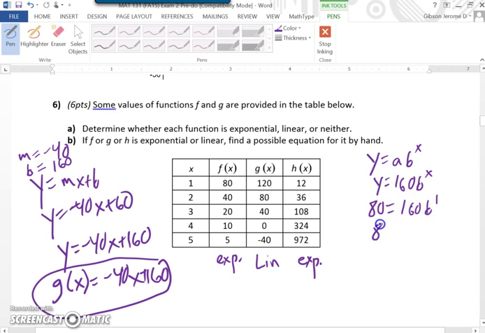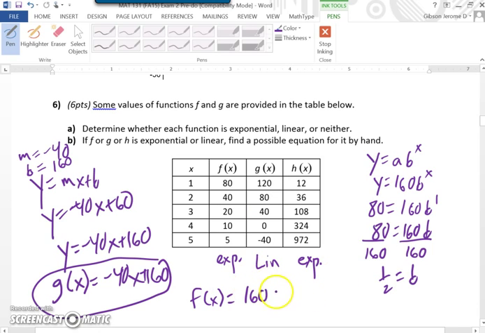So now we have 80 is equal to 160 times b. Divide each side by 160, and we have 1/2 is equal to b. So f of x is equal to 160 times 0.5, or you could put 1/2, to the x. Okay, that takes care of our f of x.